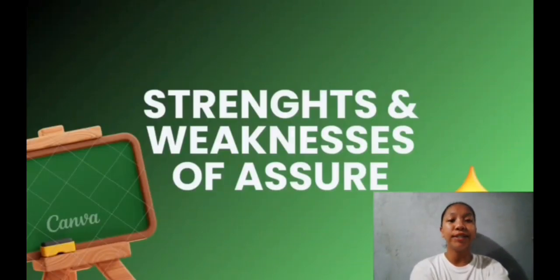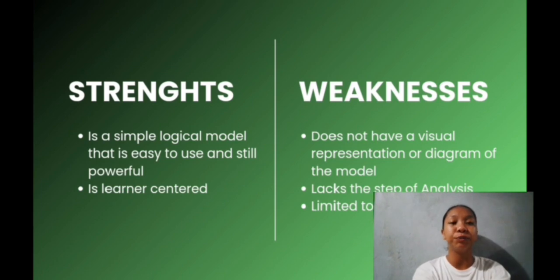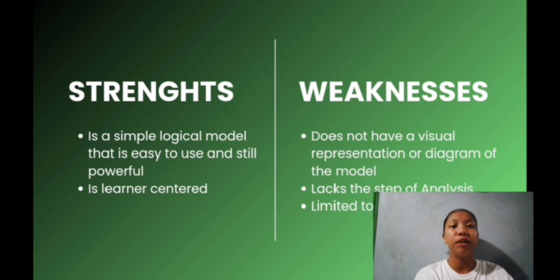Now we are moving to the strengths and weaknesses of the Assure model. The strengths of the Assure model. This model is easy to use and still powerful because it already tackles the ability of the students, so that the planning and instructing might become simple, yet easy to understand by the students.